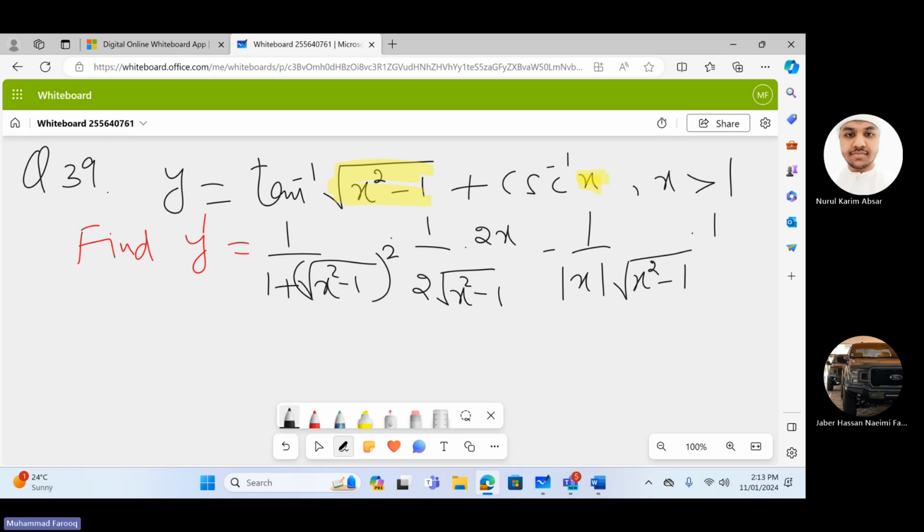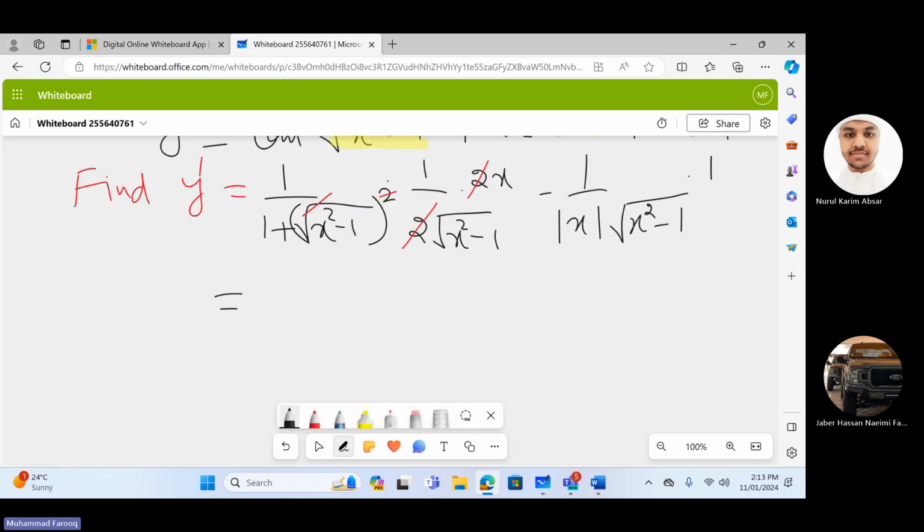Now it's time to simplify. For the simplification purpose, please look at here. This 2 and this 2 cancel out. This one and this will be cancelled out. So now we have numerator x divided by 1 plus x squared minus 1, times square root of x squared minus 1. And minus. How do you evaluate the absolute value?